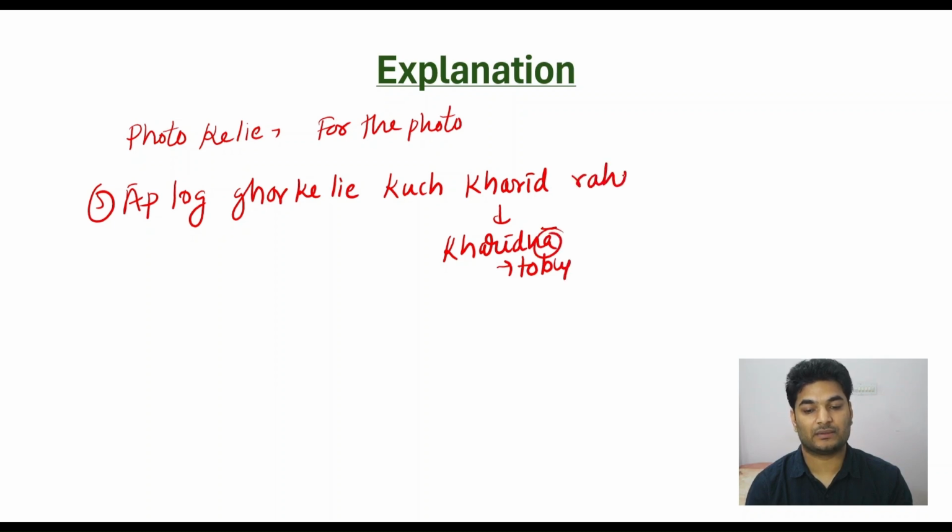Present continuous. खरीद रहे हैं. Question. Are you guys buying something for home? Because the team is in another town. So someone is asking, are you guys buying something for home? Alright, so these were the 5 sentences.